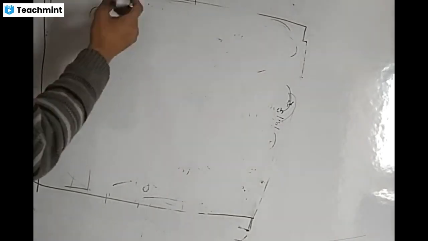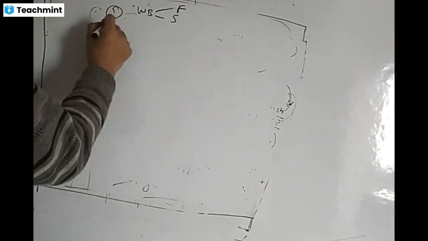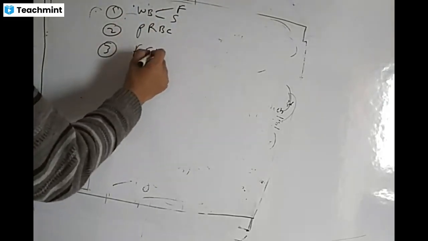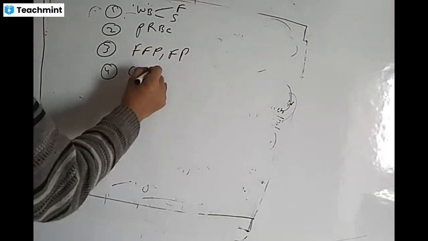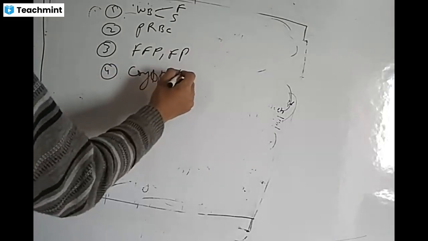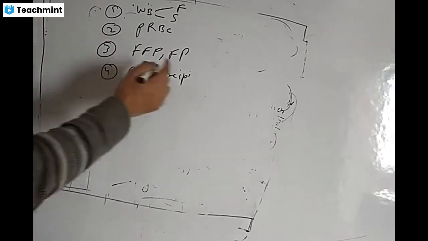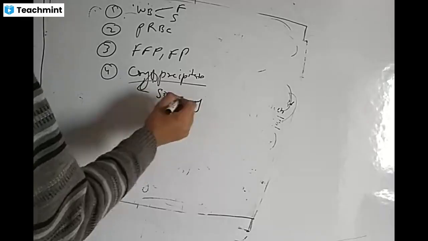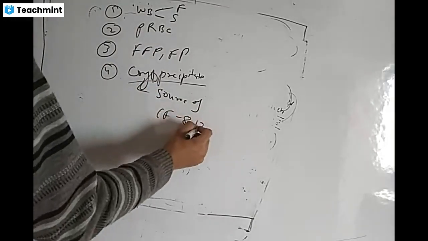Next product: first was your whole blood, fresh or stored. Second was packed RBC. Third was fresh frozen plasma or frozen plasma. Fourth is cryoprecipitate, which is a source of clotting factors 8, 13 and von Willebrand factor.